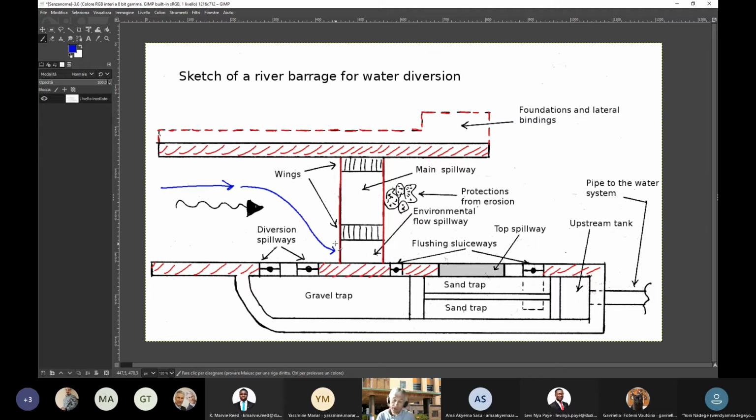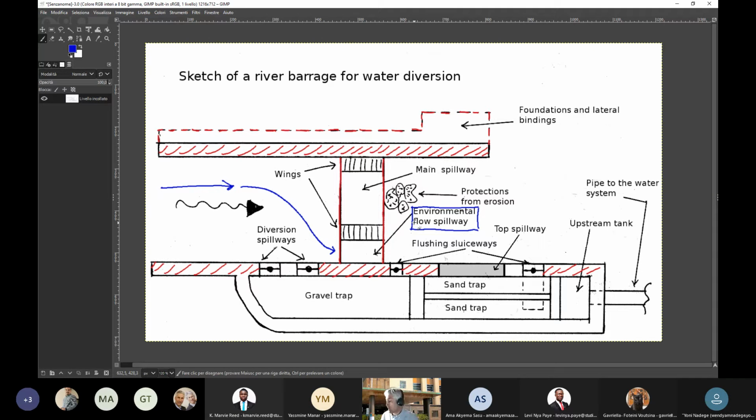So when you have a very small flow, of course, water goes through the barrage by passing through the part that is placed at a lower elevation. And this is the environmental flow spillway. So in the barrage there is a part of it that is lowered down.